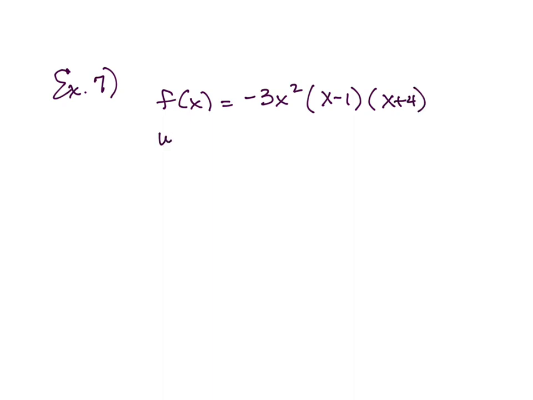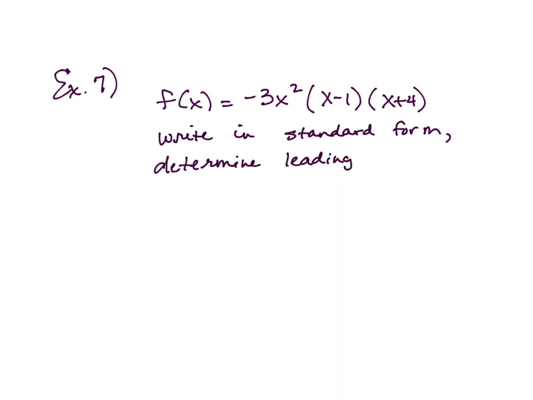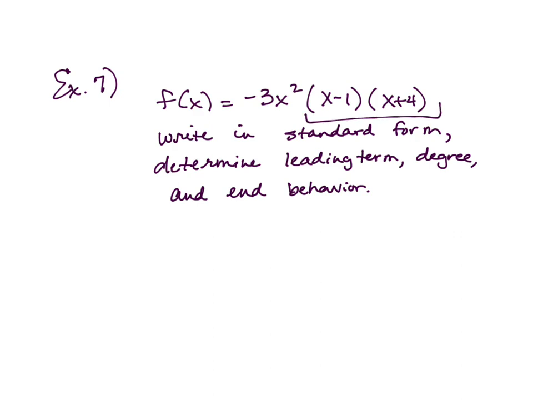Write in standard form, determine the leading term, degree, and end behavior. So the first thing we're going to do to write it into standard form is FOIL out these two binomials.